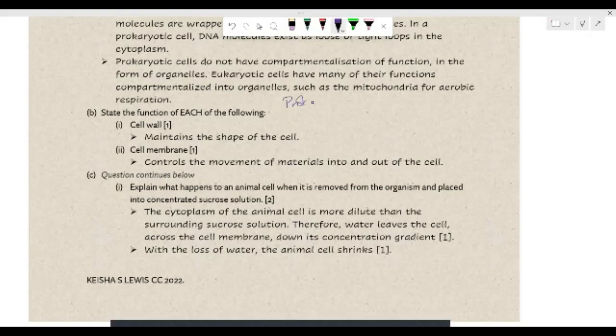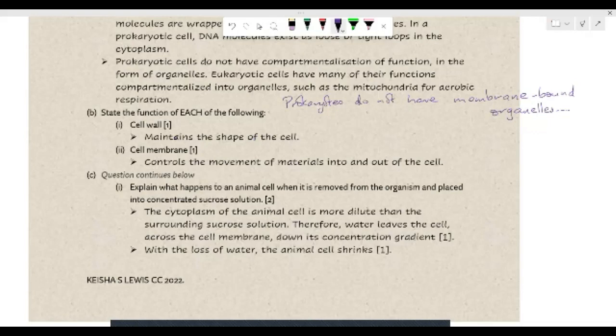So prokaryotes do not have membrane-bound organelles. Of course you would put the full stop there because you need to continue the point, right? Whereas eukaryotes do, right? Good.